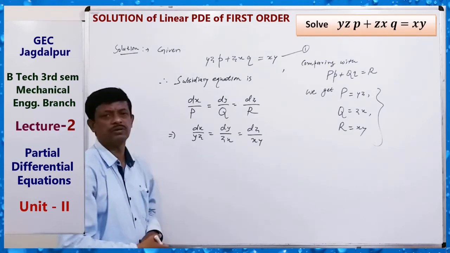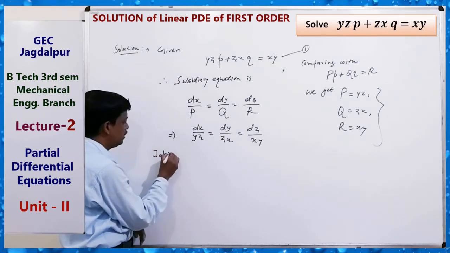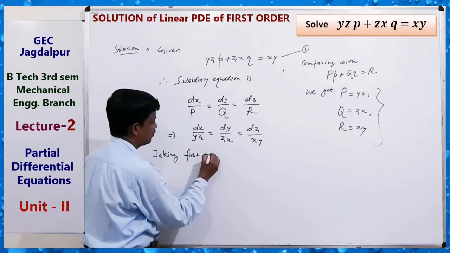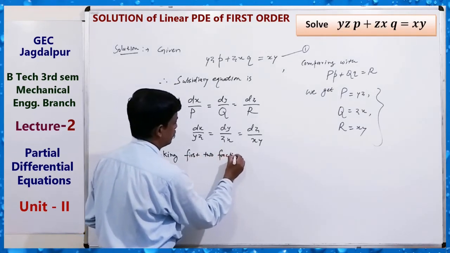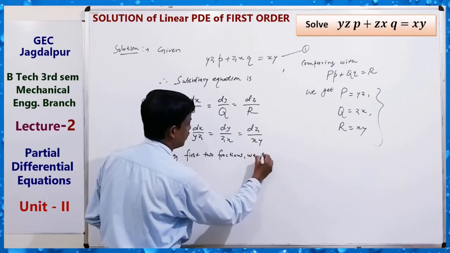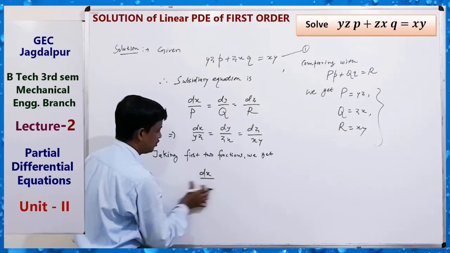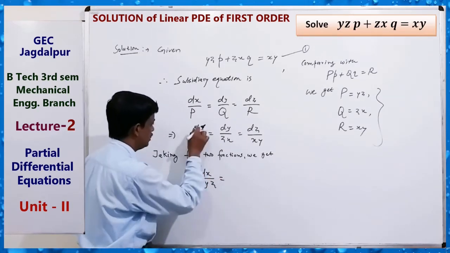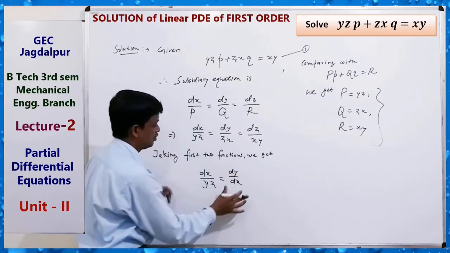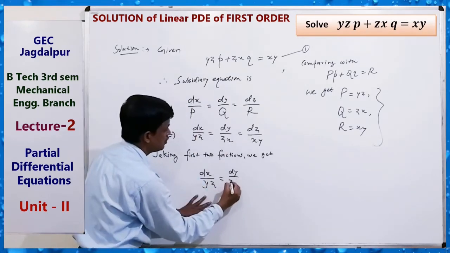This is a very simple question, so we can take the first two fractions. Taking the first two fractions, we get dx upon yz equals dy upon zx.